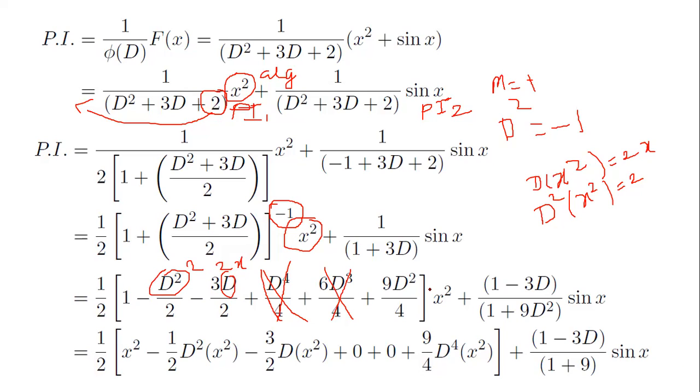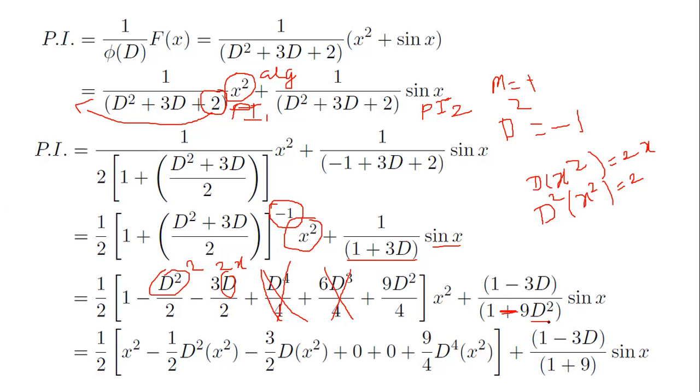Then, you know that for the trigonometric function, the denominator should be in the format of D², but here D is there. Therefore you have to multiply and divide by (1 - 3D). If you multiply and divide by (1 - 3D), you get (1 - 3D) by (1 - 9D²) sin x.